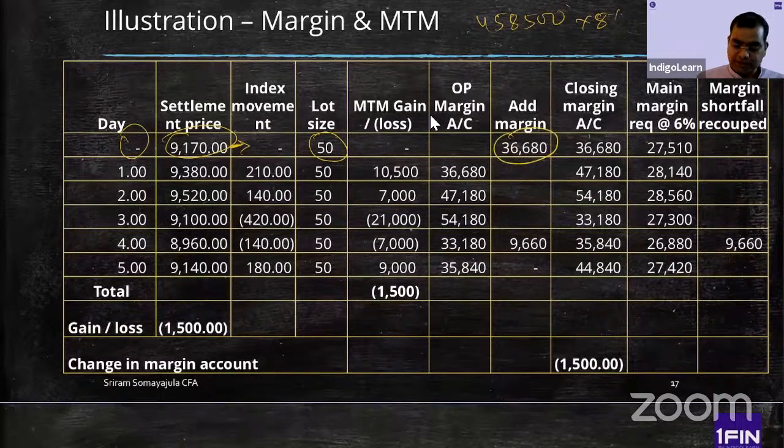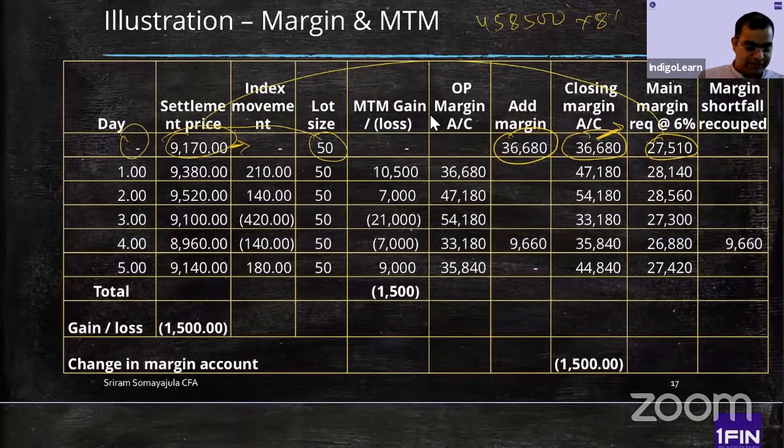So you deposit this money and the exchange maintains an account called the margin account in your name. In that account, you have to maintain 36,680. Whereas the 6% margin requirement on day 0: you have to enter at 8%, but the minimum it can go down to is 6% of what? 6% of this into this.